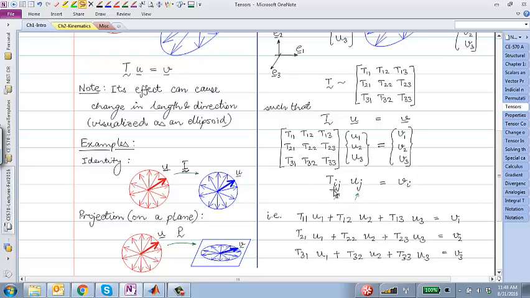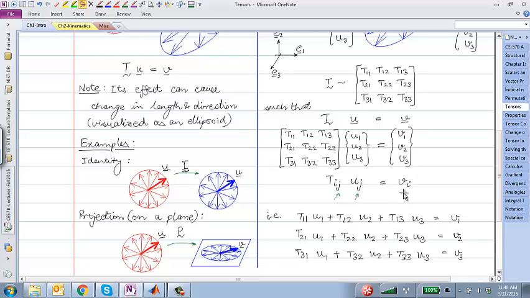Of course, you can see that this follows all the rules. j is repeated twice, so it's a dummy index. Dummy means you can replace j with anything you want except i, but j could be k, l, m, whatever, the meaning does not change. i, on the other hand, is a free index. It occurs exactly once on both sides of the equation, right?